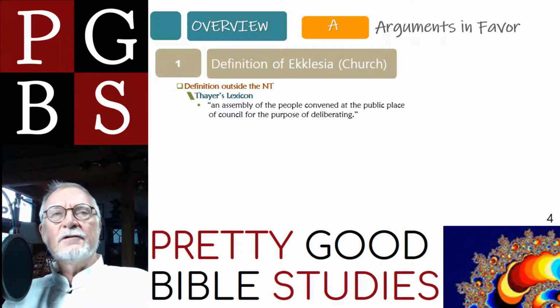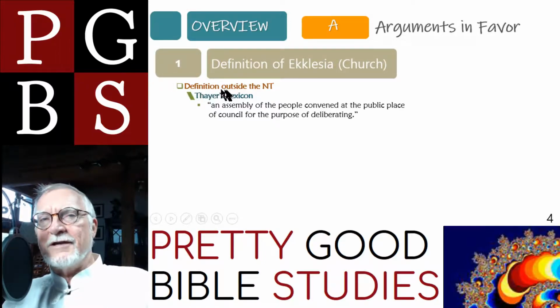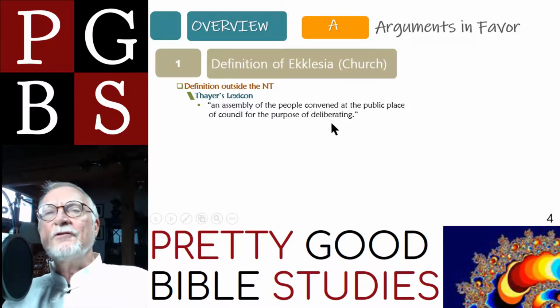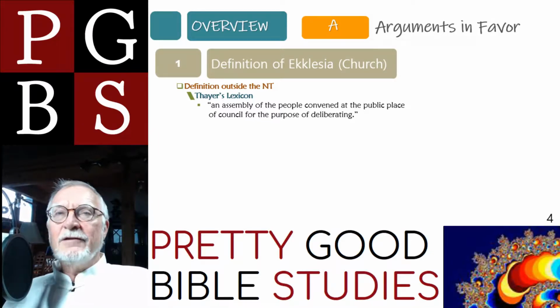All right, here's a definition of the word ekklesia in secular Greek literature outside the New Testament. Thayer's lexicon says that ekklesia is this: an assembly of the people convened at the public place of council for the purpose of deliberating. Now, I'm going to focus on deliberating here because that's the idea.